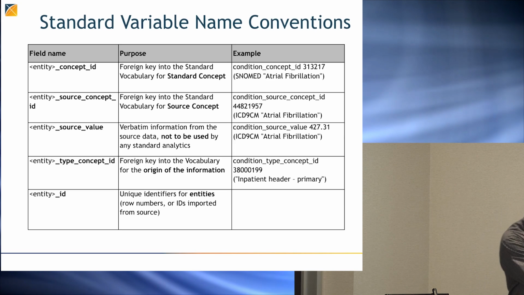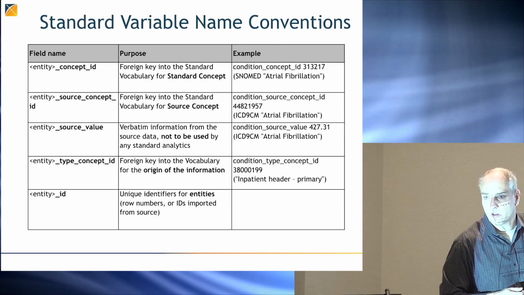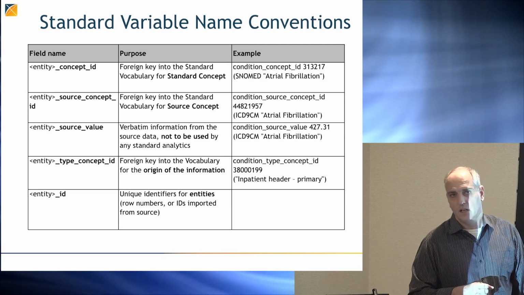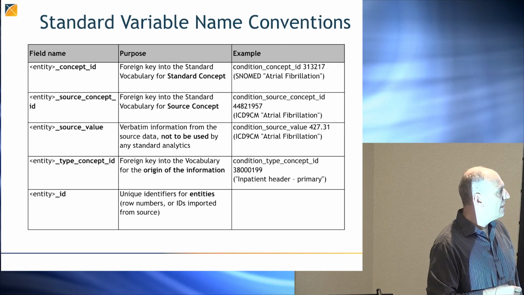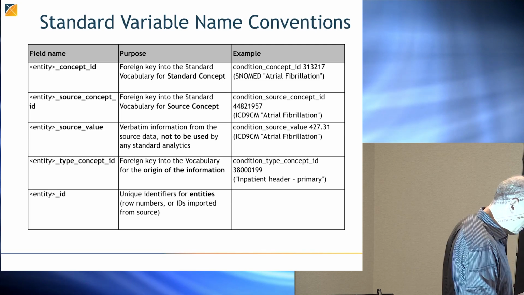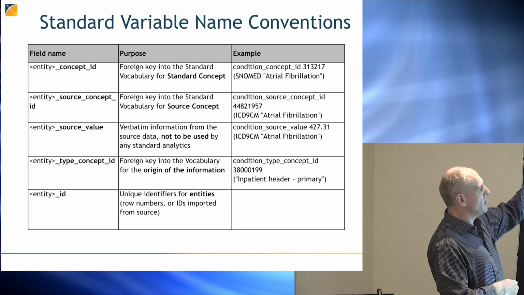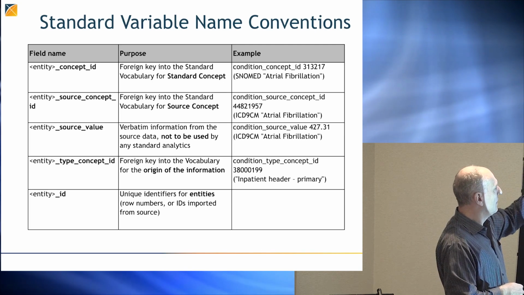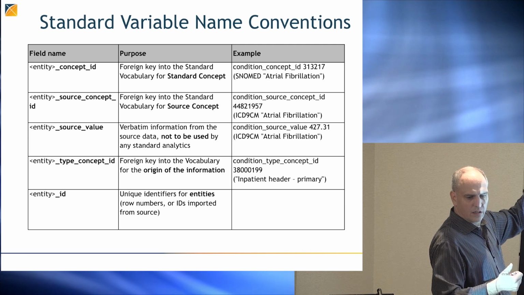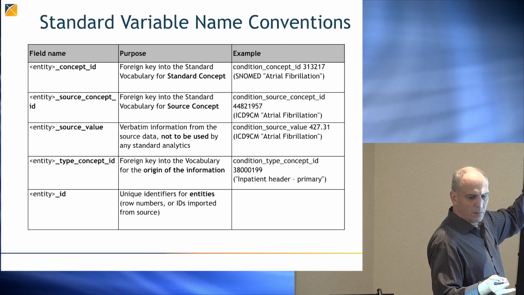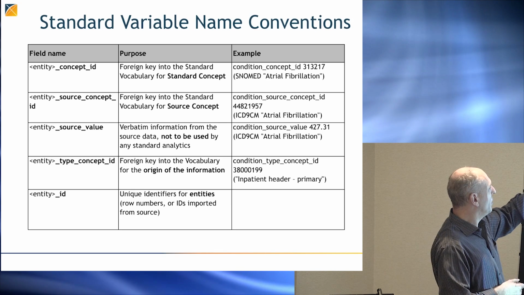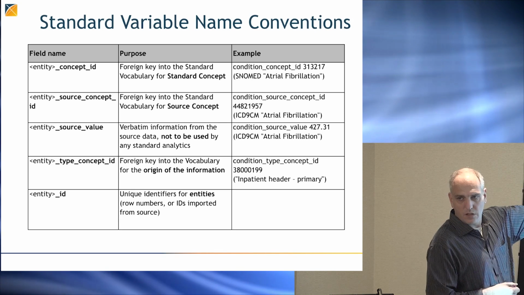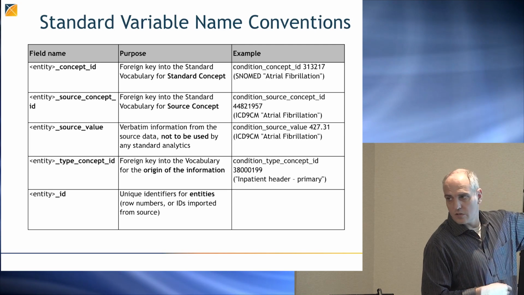A little bit of conventions in there. The tables look very similar to each other, which is on purpose. And inside the patient tables, you have things which sound very different, so they're confusing. Entity here is drug, condition, measurement, procedure. So in the procedure table, you have procedure concept ID and procedure source concept ID.